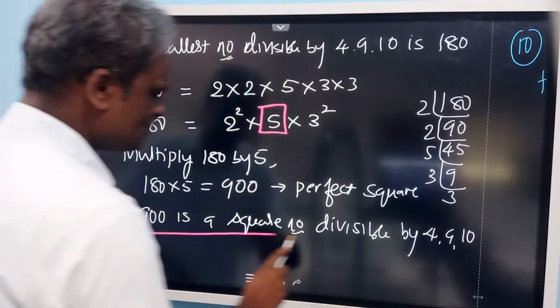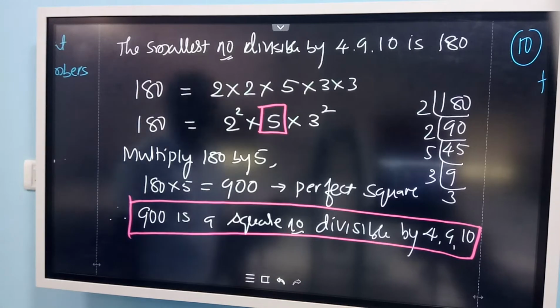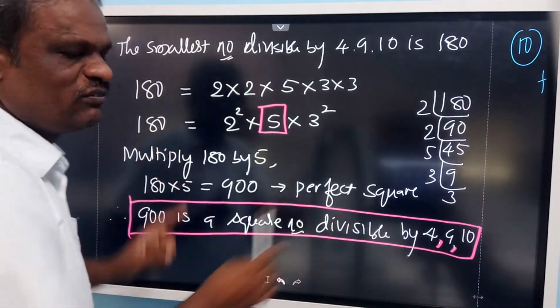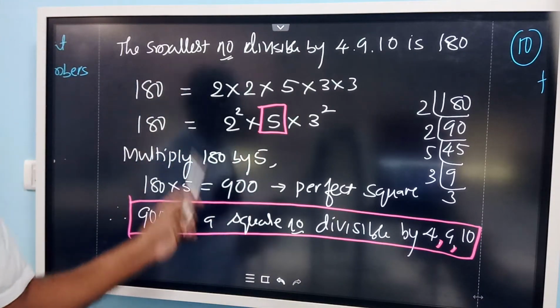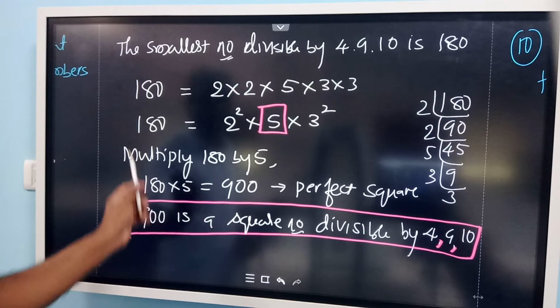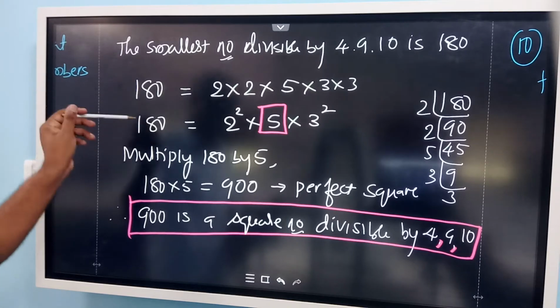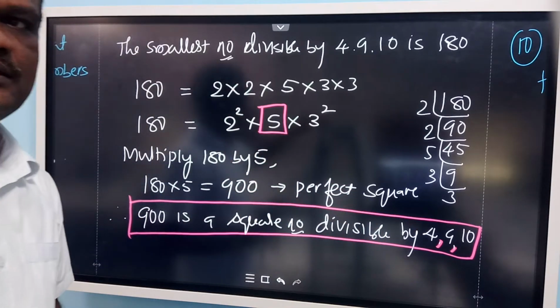This is the smallest square number divisible by 4, 9 and 10. Because 180 is divisible by 4, 9 and 10, and 180 is a factor of 900, 900 is also divisible by these three numbers.